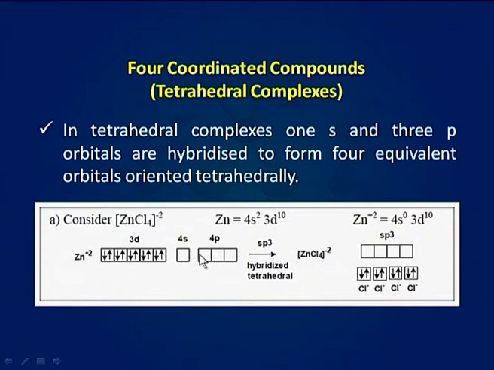For tetrahedral geometry, or we can say for coordination number 4, we require 4 empty orbitals. Therefore, one s and 3 p orbitals will hybridize to give 4 sp3 hybridized orbitals, and 4 ligands will donate their lone pair of electrons in these 4 sp3 hybridized orbitals, and this complex will attain a tetrahedral geometry.